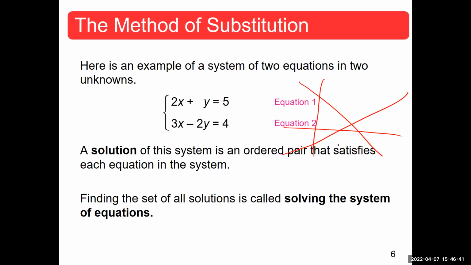What happened? What did these two lines do? They intersected at a point. What are the coordinates of this point? What is x? What is y? That's the point they share. That's the intercept point, and it is the solution for that system.